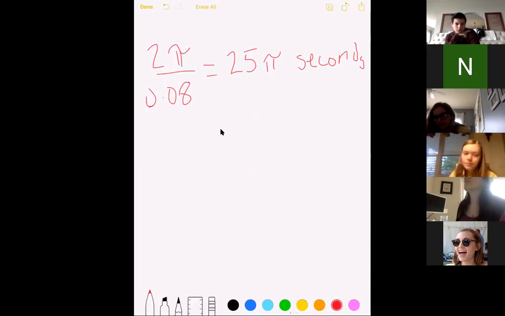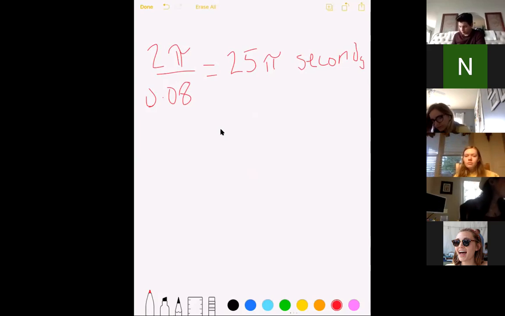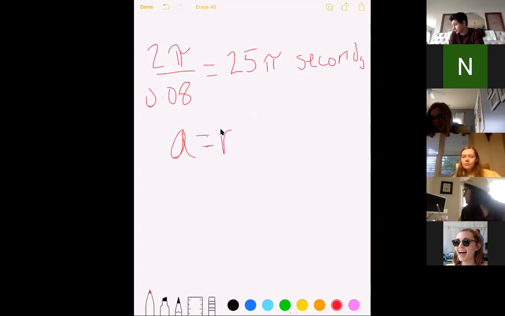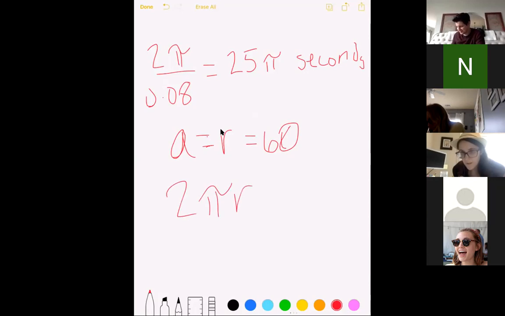The amplitude is telling us the furthest distance away from the center of the track, which is 60, but since it's a circular track, our amplitude is the same thing as our radius. So that would be 60, and then the distance of the track would be the circumference, which would be 2 pi r. So in this case, the distance of the track would be 120 pi meters.